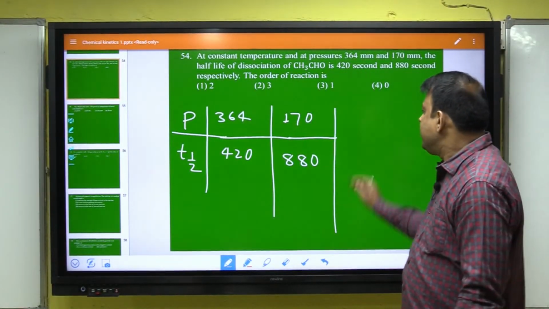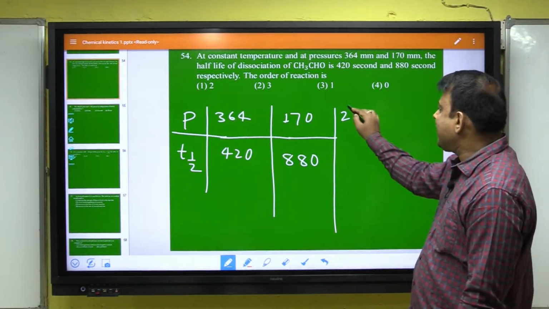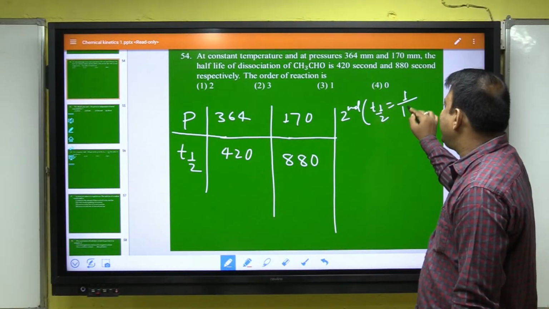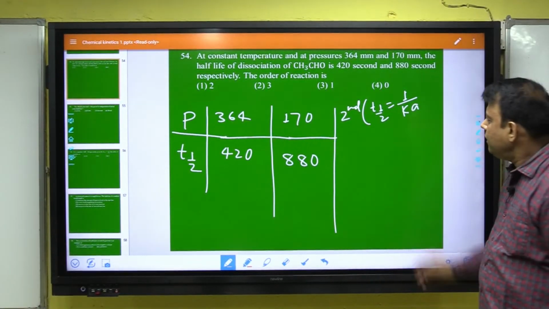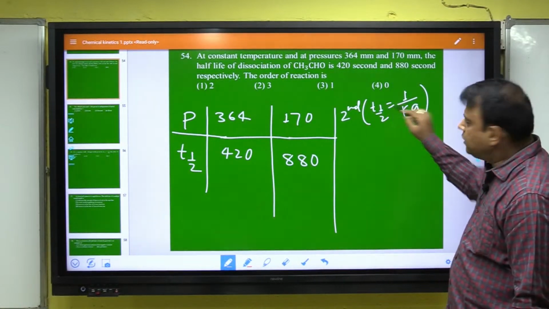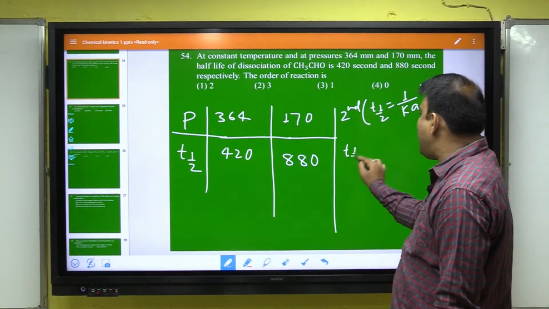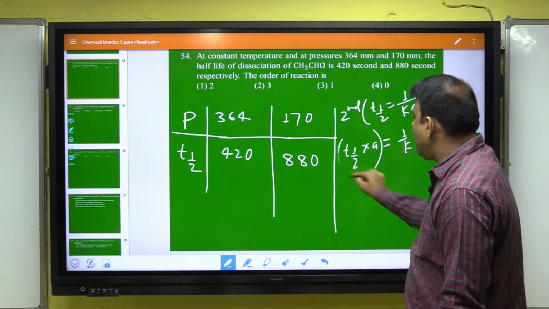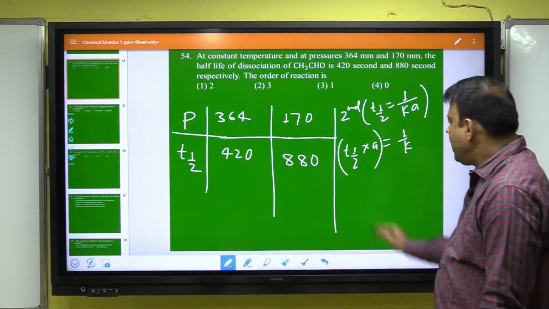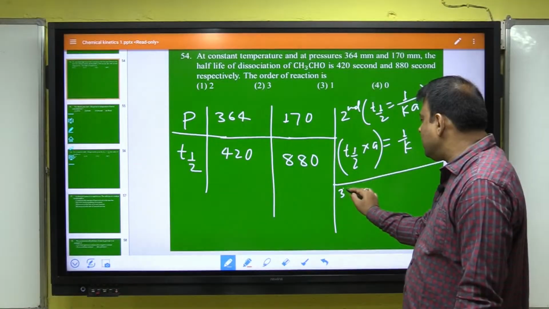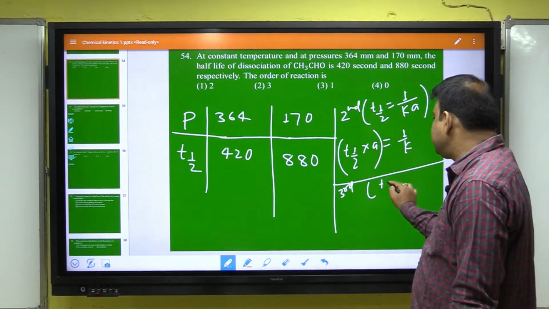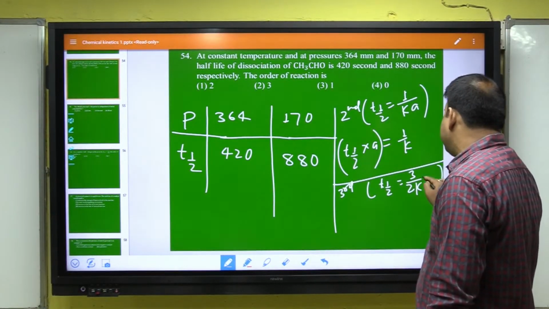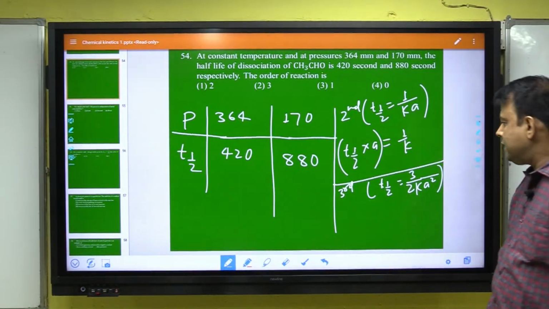Listen carefully. In second order, half life is equal to 1 by Ka. Clear? That means the product of T half and A is equal to 1 by K. The product of both is constant. And listen, in third order, half life is 3 by 2Ka squared.